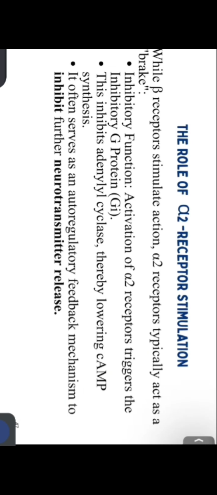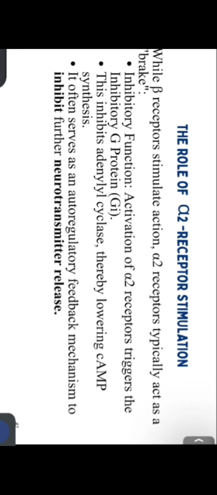So, the role of alpha 2 receptor stimulation. While the beta receptors stimulate action, alpha 2 receptors typically act as a brake. It has an inhibitory function. Activation of alpha 2 receptors triggers the inhibitory G protein, or the Gi. This inhibits adenyl cyclase, thereby lowering cAMP synthesis.